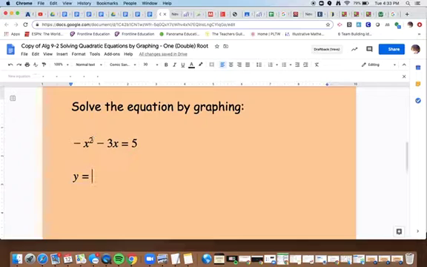So we leave this where it is, negative x squared, minus 3x, and then we move this 5 over to the same side. Because it's positive here, when I move it over to the other side, it becomes negative, because you're subtracting 5 from both sides to keep the equation balanced. So I have this negative x squared minus 3x minus 5.